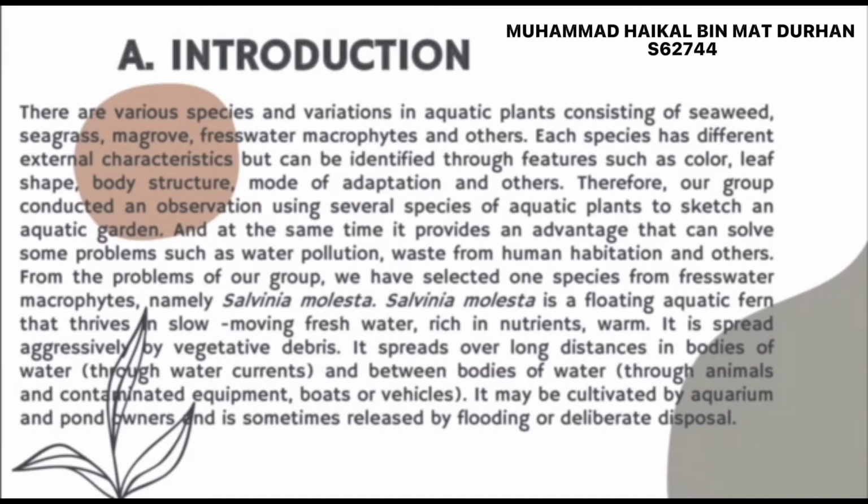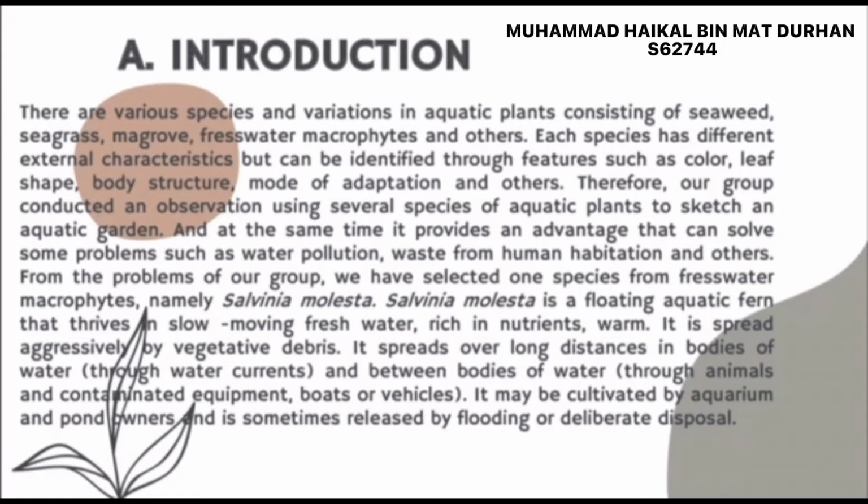From the problem of our group, we have selected one species from the freshwater macrophytes, namely Salvinia molesta. Salvinia molesta is a floating aquatic fern that lives in slow-moving freshwater rich in nutrients.